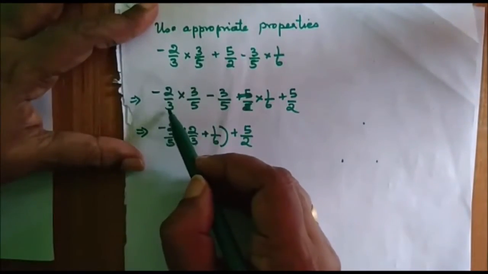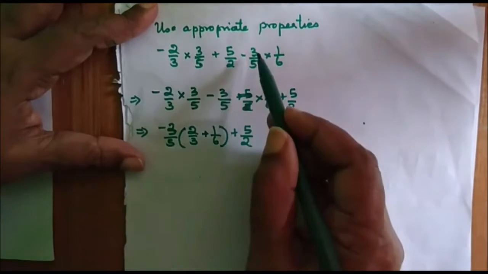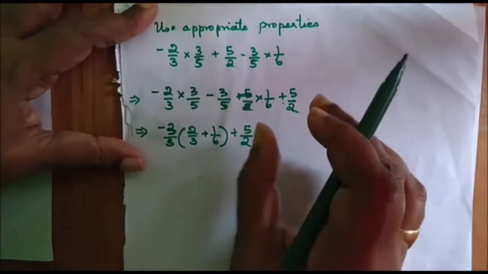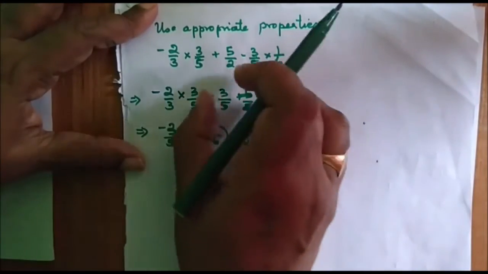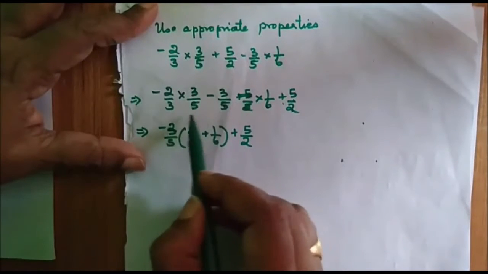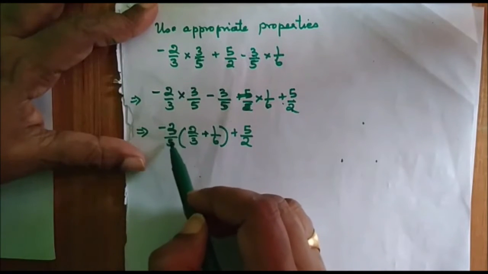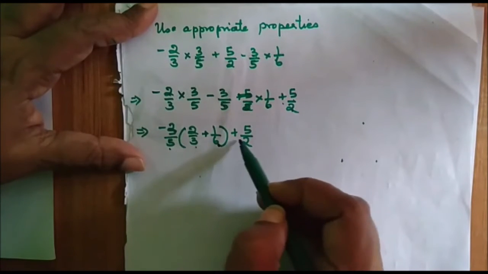So minus 2 by 3, I'll just rearrange and write, into 3 by 5 minus 3 by 5 into 1 by 6 plus 5 by 2. That is, I am clubbing the multiplicative parts together and I brought the addition to the end. Now I can remove minus 3 by 5 as a common term between these two terms. So minus 3 by 5 into (2 by 3 plus 1 by 6) plus 5 by 2.